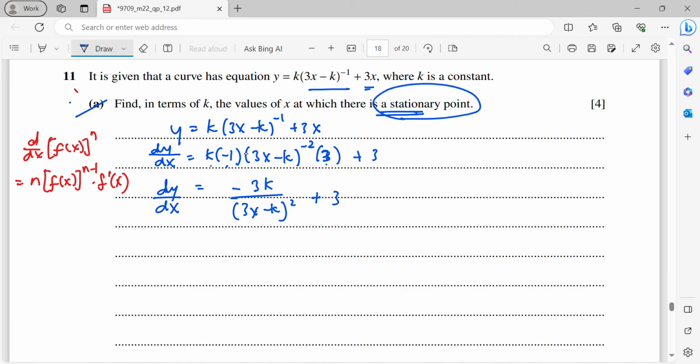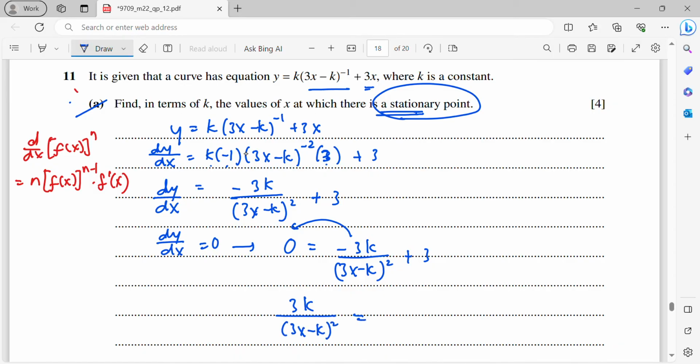So stationary points means dy/dx equals 0. Which means now 0 is -3k over (3x minus k) squared, then +3. So I will move this whole term to the left hand side. It becomes 3k over (3x minus k) to the power of 2 equals 3.